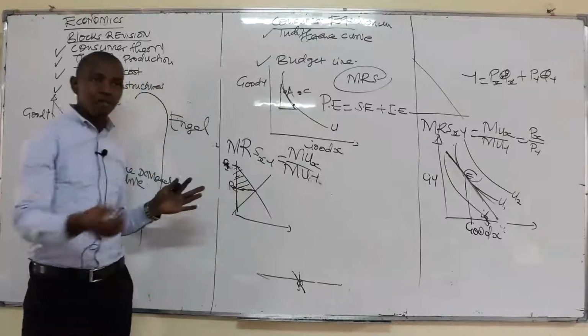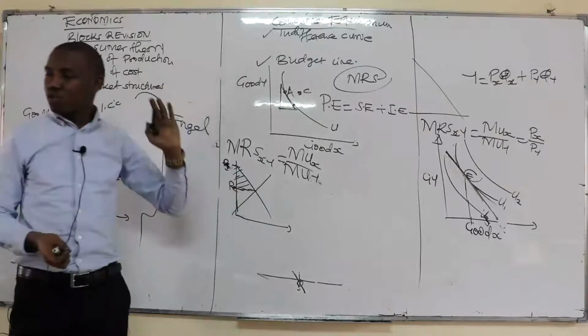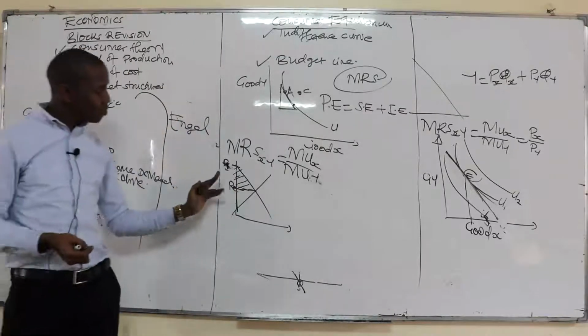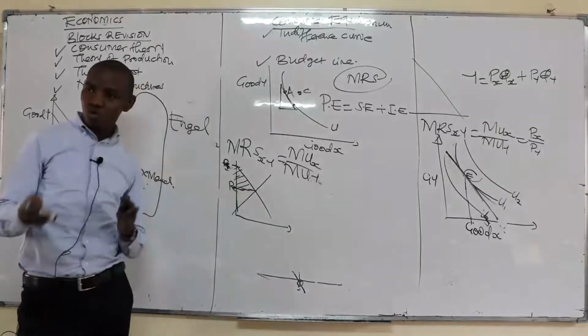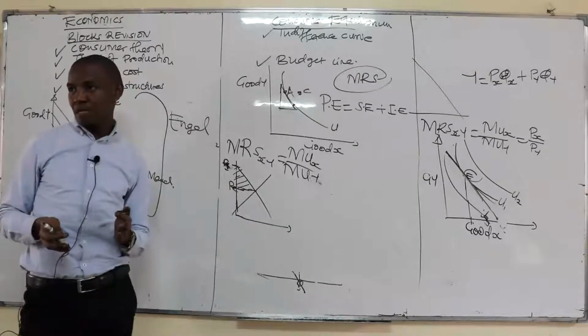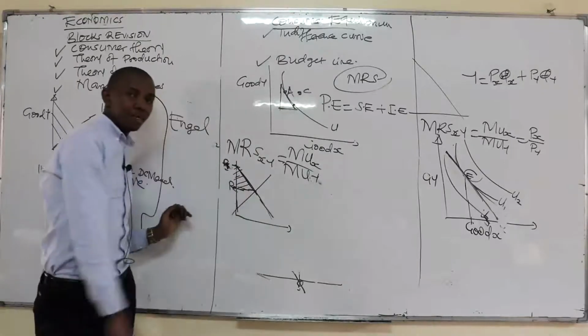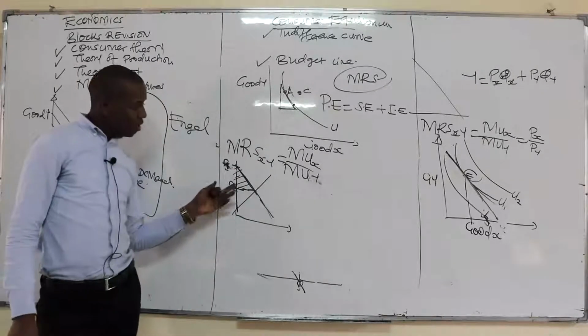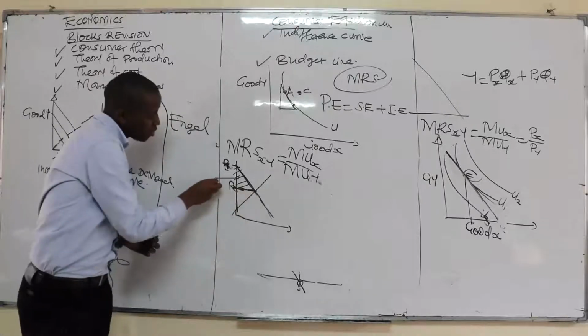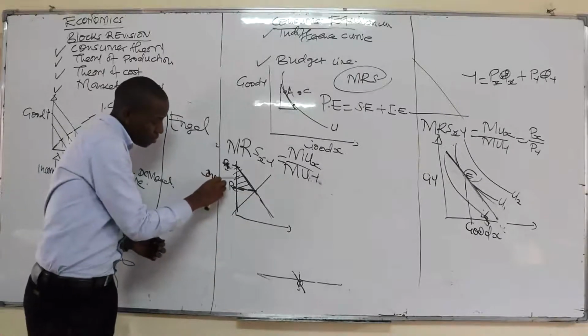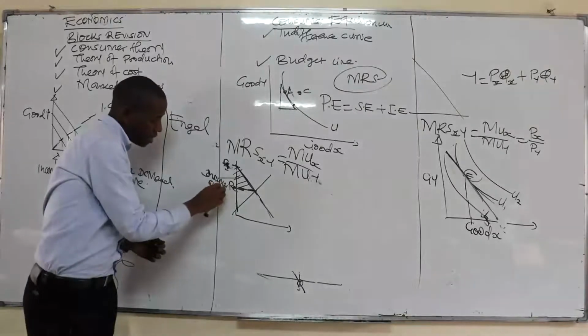The difference between the actual price and the price at which the consumer is willing to pay for the good is what we call the consumer surplus. Remember, this is on the demand curve. So this is the consumer surplus.